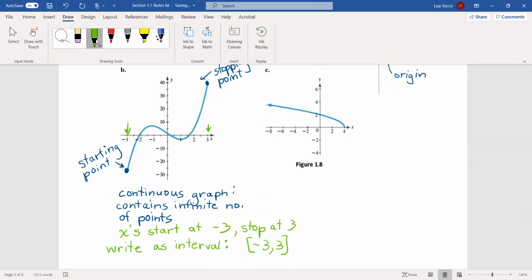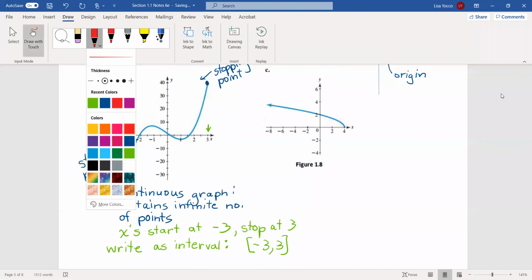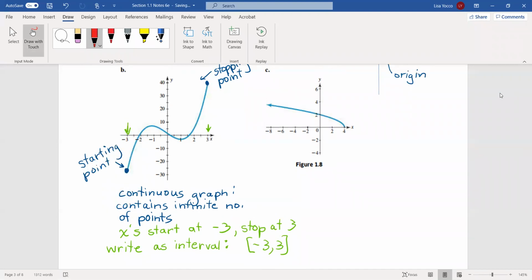Now, if we talk about the Y's, well, I should have probably made that a little better. Let's just say that's negative 28, because I don't really know exactly, so let's just say, hey, that's negative 28. So the y's start at negative 28, and here's the stopping point.